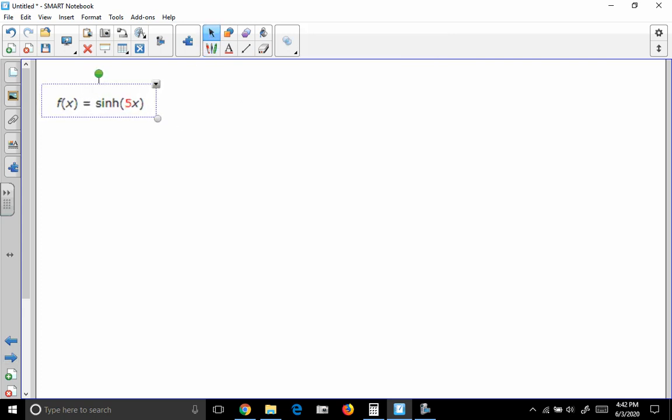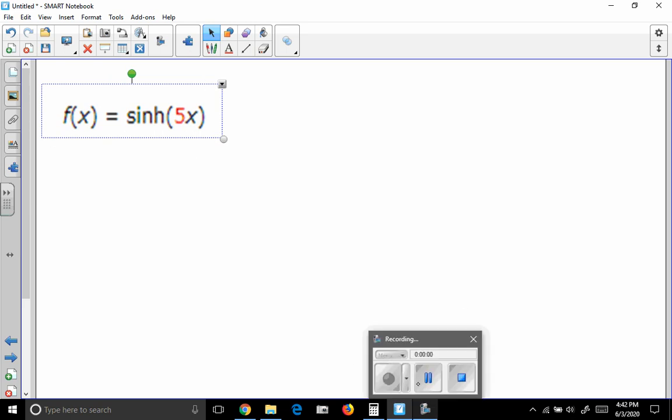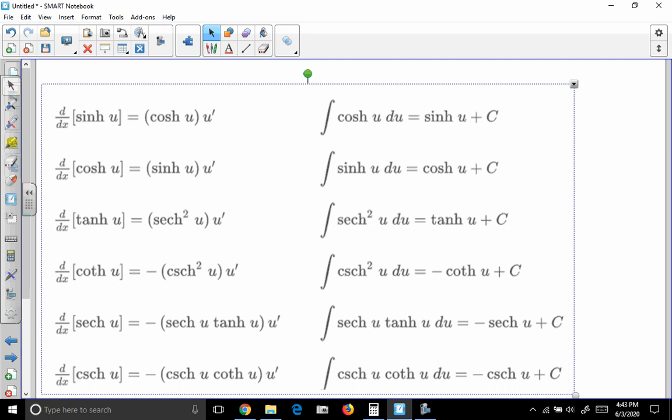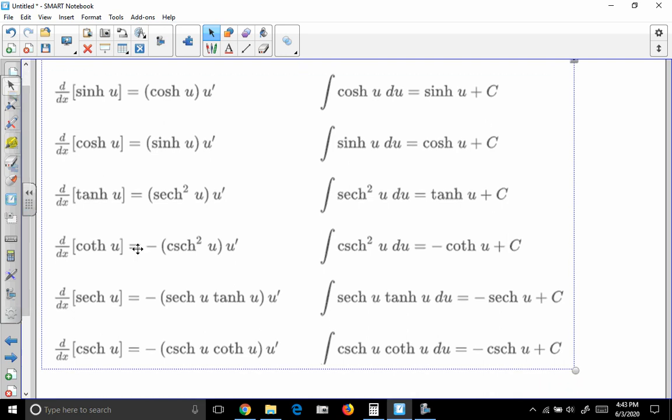Then they ask us to find a derivative. So let me pull up a list of the hyperbolic derivatives. On the next sheet over here, we have a list of hyperbolic derivatives. They're very similar to the basic trig functions. Remember, the derivative of sine is cosine.